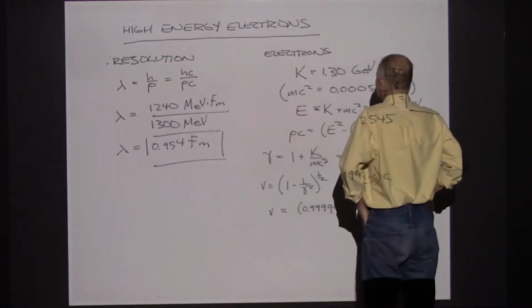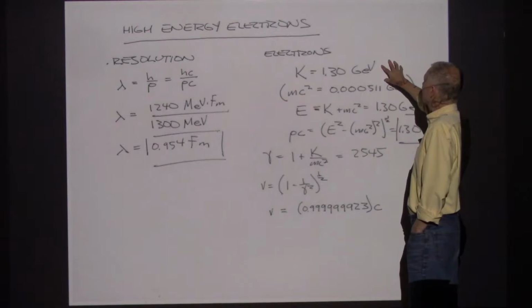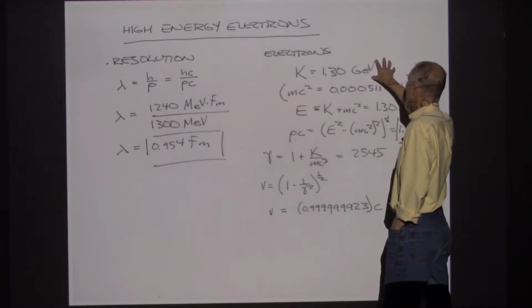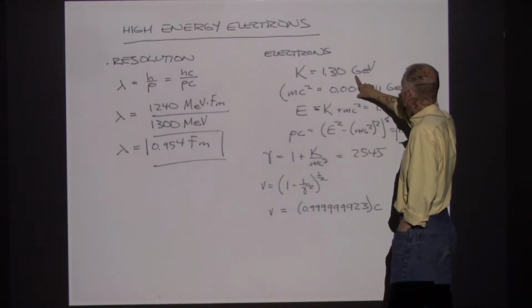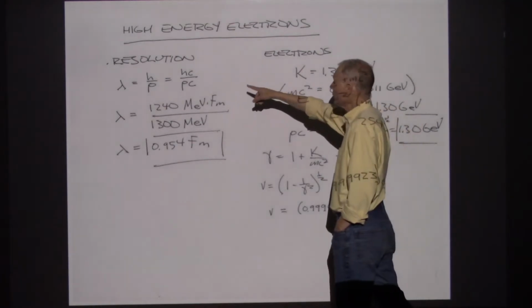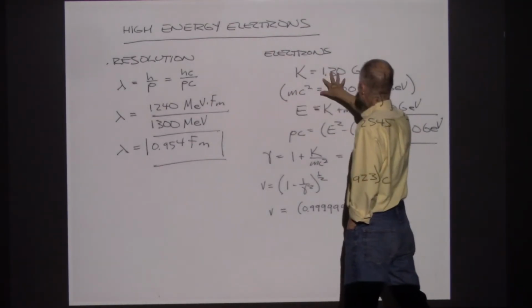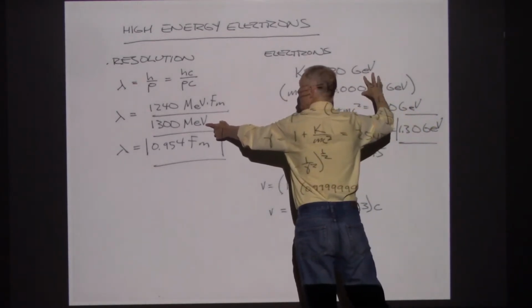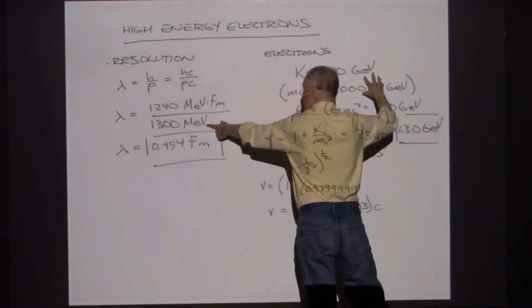So let's see. In terms of kinetic energy, they're calling this 1.30 GeV. Now G is 10 to the 9th. GeV is 1,000 MeV, so this 1.30 GeV is the same thing as 1,300 MeV.